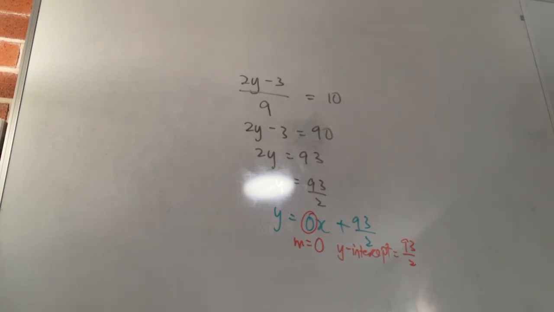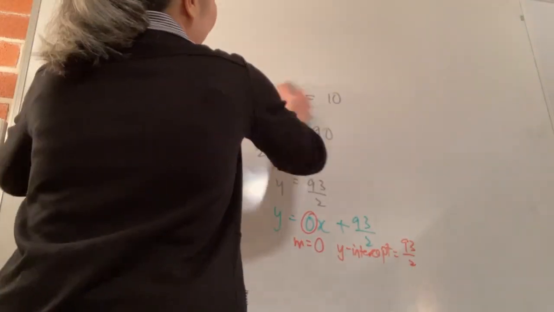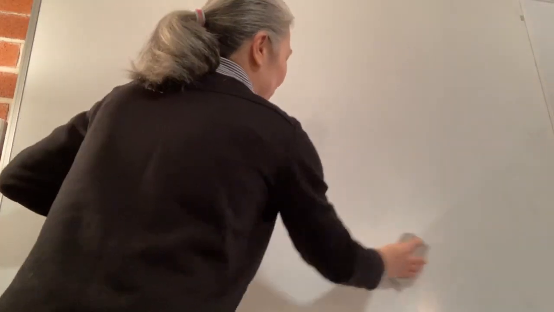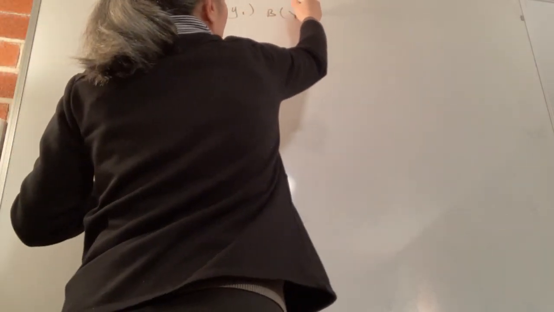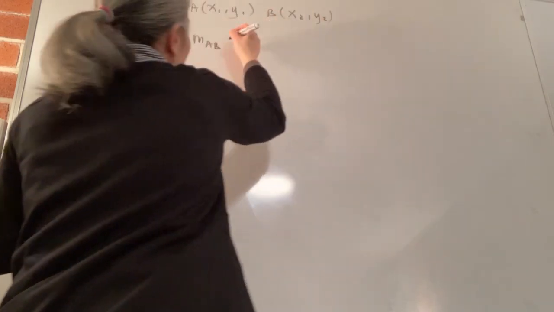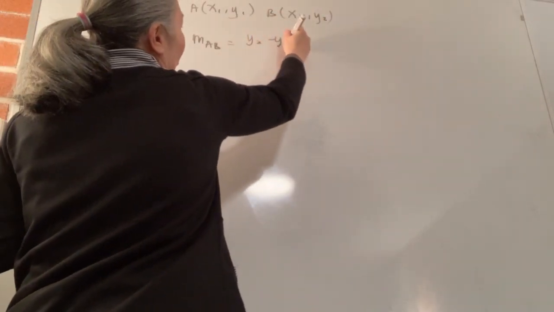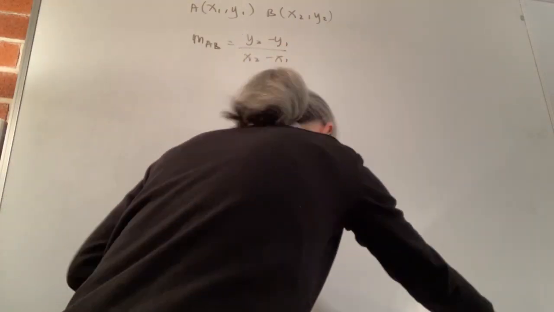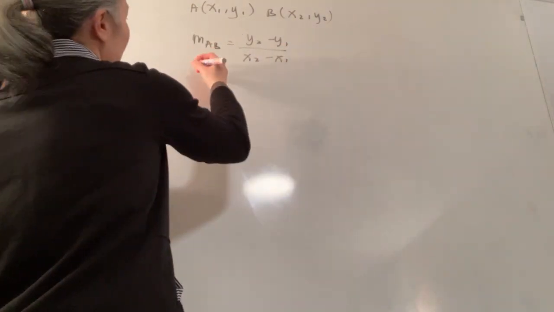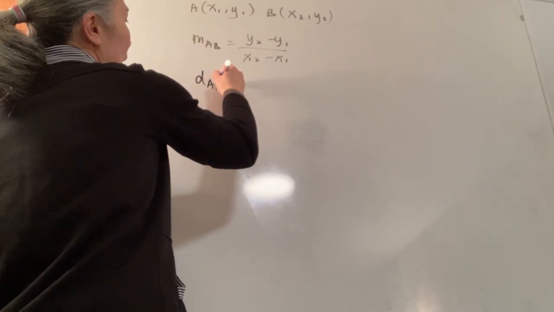Okay, remember the formula? Okay, gradient, midpoint, and distance formula. Gradient of AB. Okay, so if A is x1, y1, and B is x2, y2, so y2 minus y1 over x2 minus x1. And then you have the distance of AB.